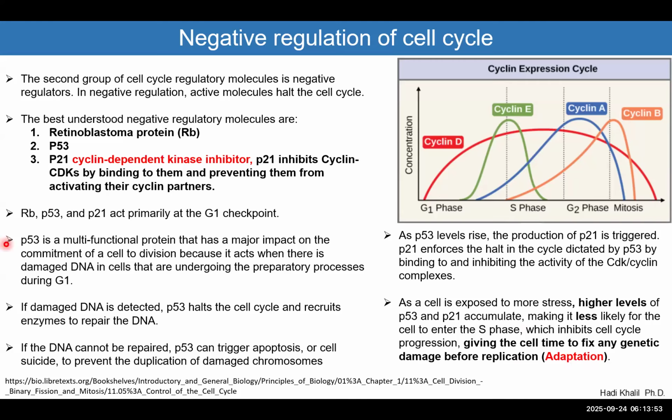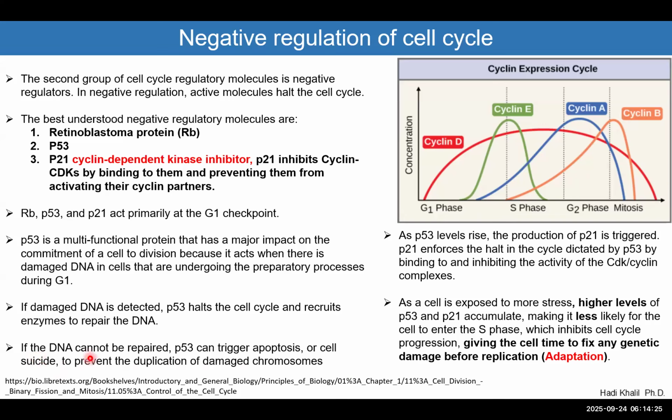So let's go back here. Now, if DNA damage is detected, p53 directly blocks the cycle by the mechanism I just mentioned. Of course, there are many other enzymes that are recruited so that DNA repair takes place. And at the same time, it gives the cell time for an adaptive process to take place.